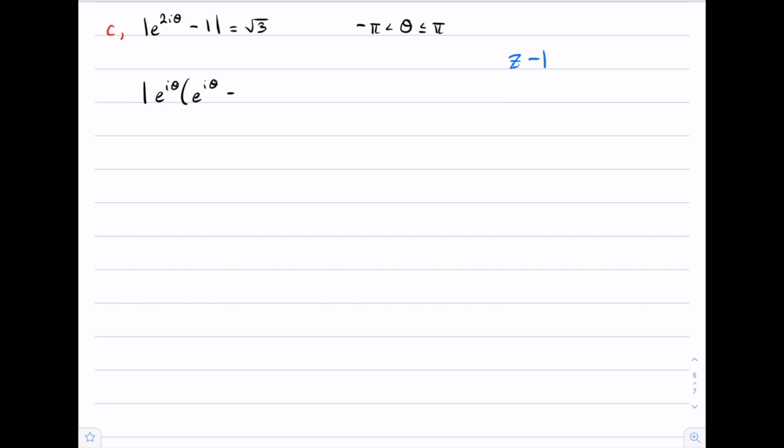And from my second term, what would be left over when I factor out e to the i theta from minus 1? Well, that's going to be e to the minus i theta. And if you're unsure about that, just think about it. If we multiply that by that, we get e to the 2i theta. If we multiply these two together, we'll get minus 1. And this is equal to the square root of 3.